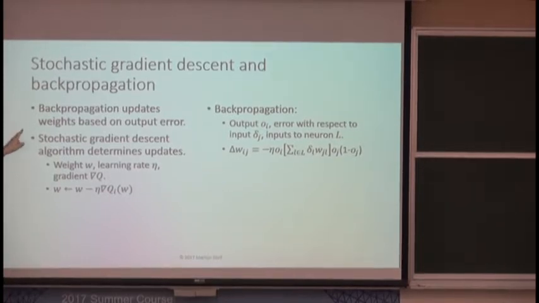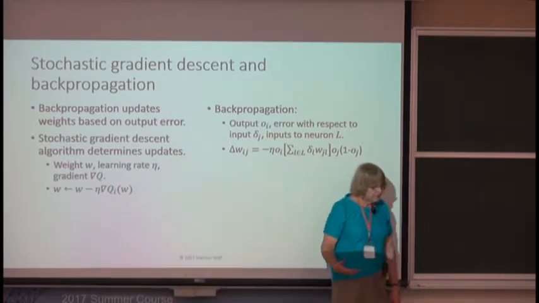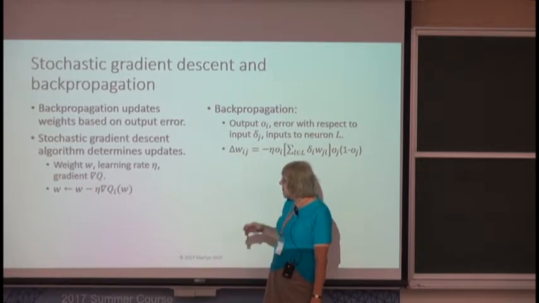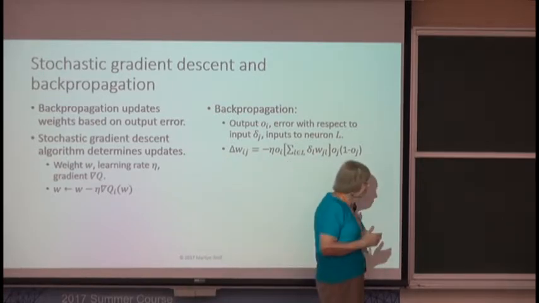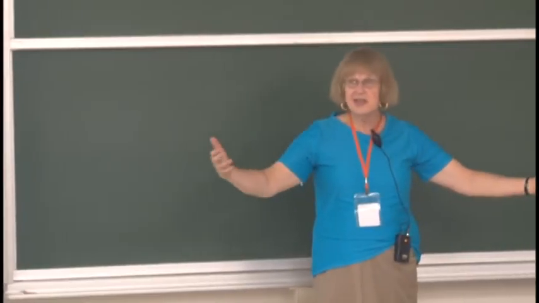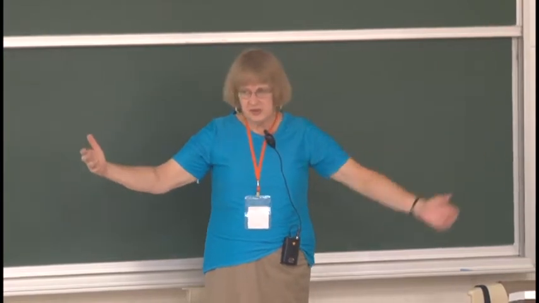That backpropagation is based upon output error, and the basic idea that all this is based on, though there can be lots of variations, is what's called stochastic gradient descent. At a DARPA meeting a couple weeks ago they said, you know, this has been done since, what, the 60s? The basic idea hasn't changed in 40 or 50 years.